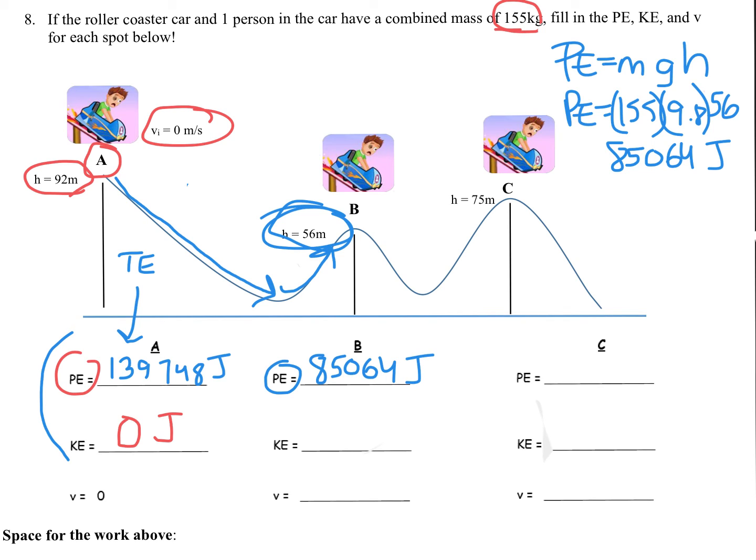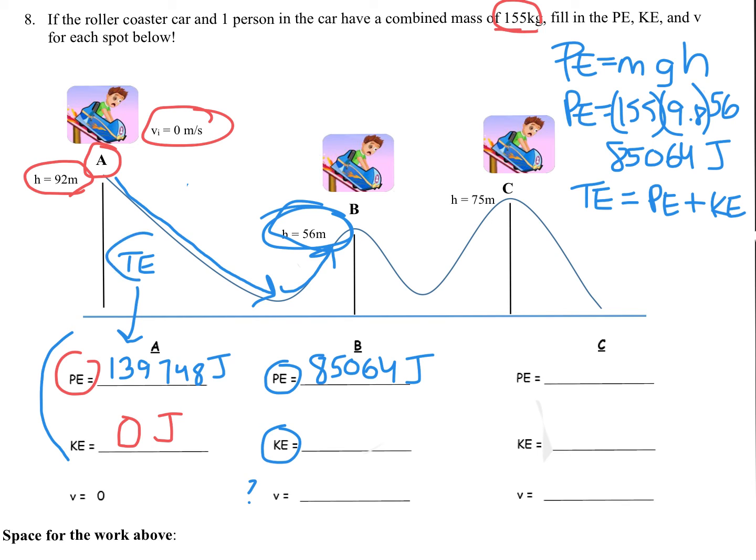Now, the question is, how will we find kinetic energy? Because if you plug into the kinetic energy equation, we don't have velocity yet. So I don't know how to solve for this. But luckily, we know that the total energy of the system is always equal to the potential energy and the kinetic energy added up.